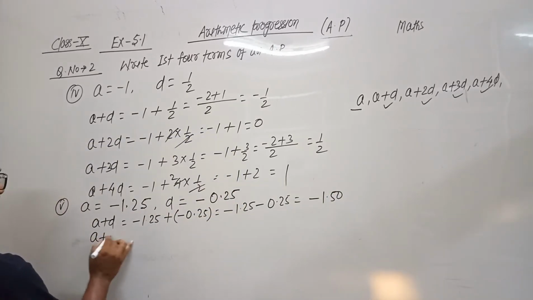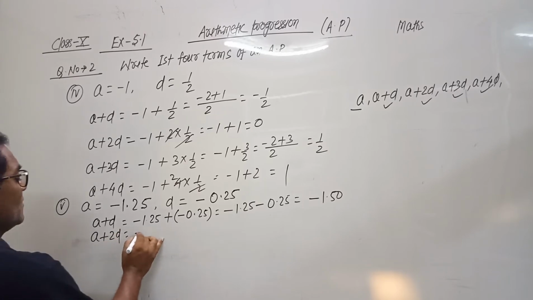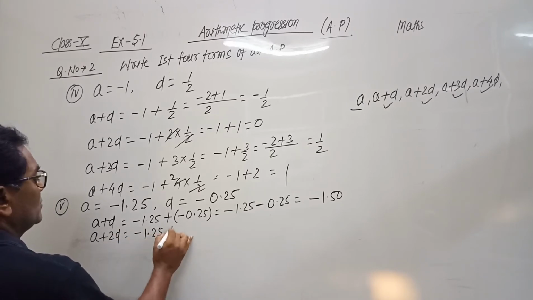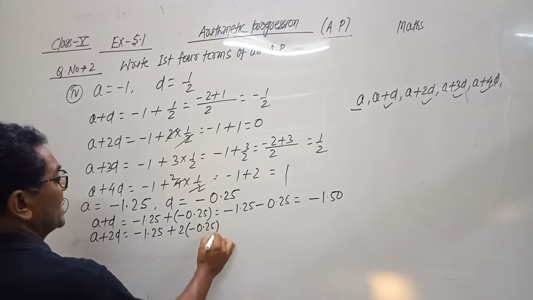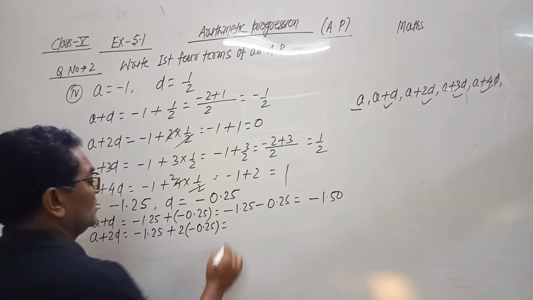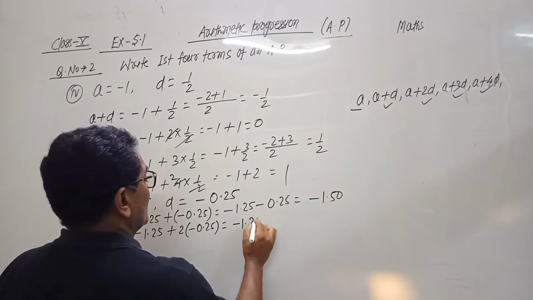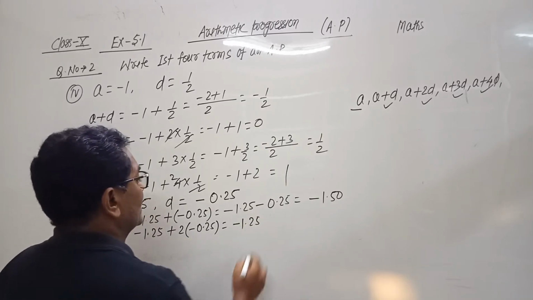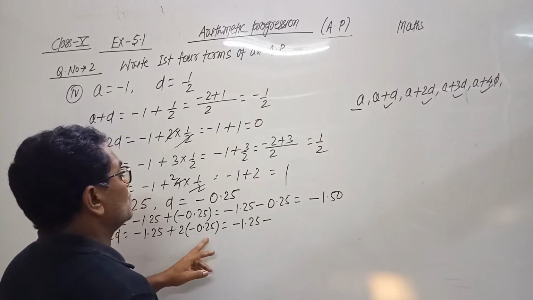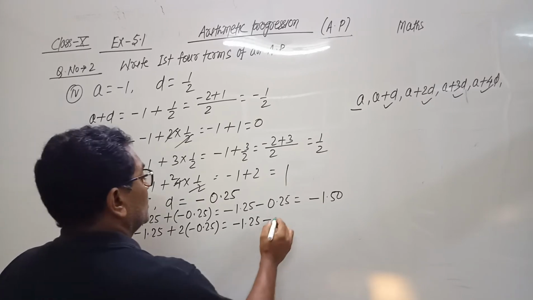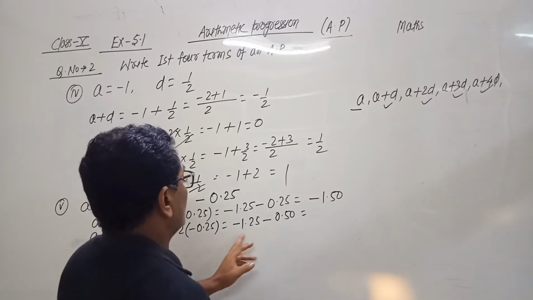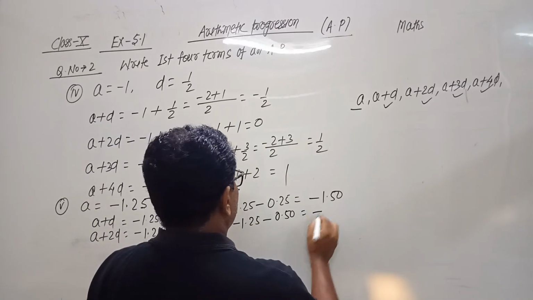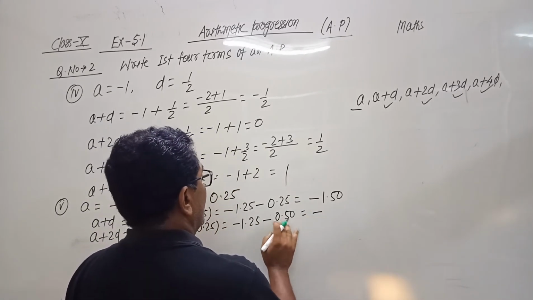Next term, A plus 2D. The value of A is minus 1.25 plus 2 into the value of D, which is minus 0.25. So minus 1.25 plus minus 0.25 into 2, which is 0.50, and the minus sign means we add.